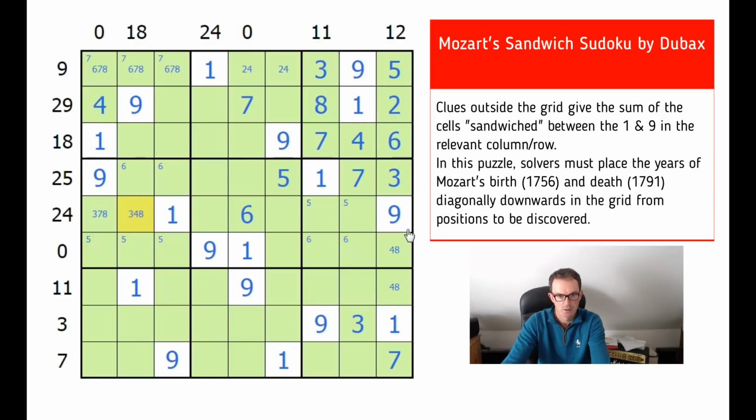Okay. So what now? 6, 7, 8. So I need 2, 3 and 5 into these squares. So this is obviously a 2 up here now in one of these two positions. 4, 3, okay.